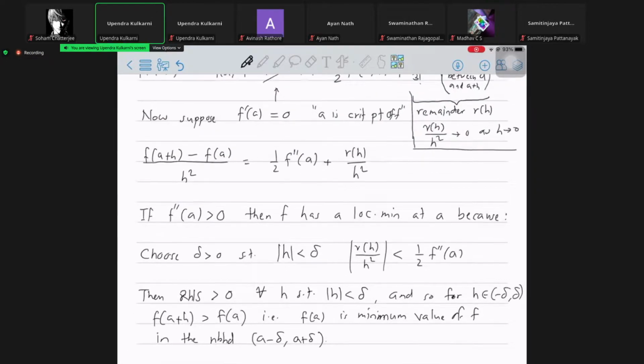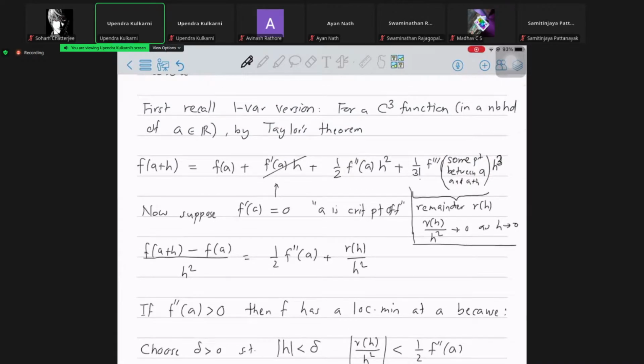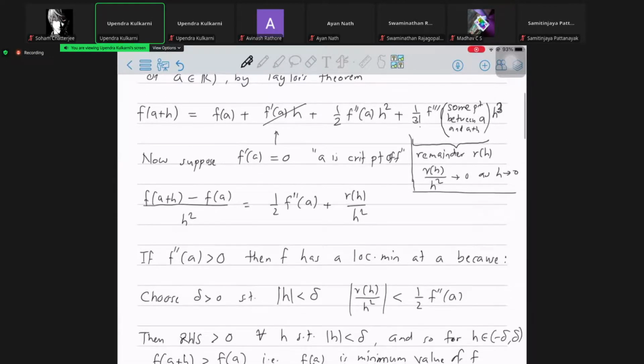Okay, so this means we should write the multivariable Taylor's theorem. And we saw that, understood appropriately, the multivariable Taylor's theorem is really the same as the one variable Taylor's theorem. We just have to understand these steps. So let's write this down.